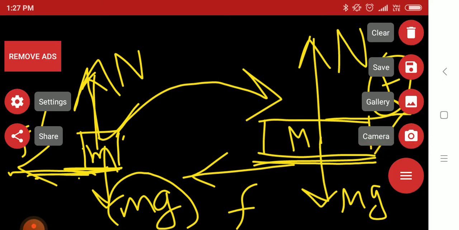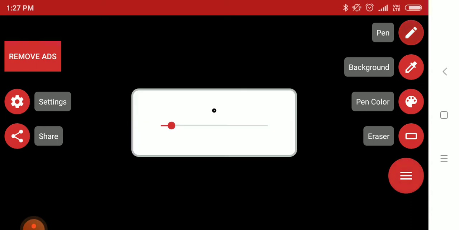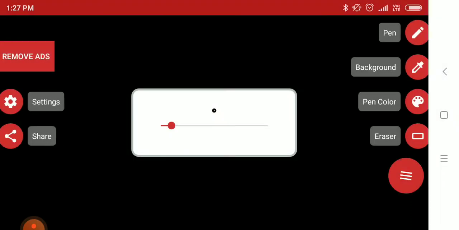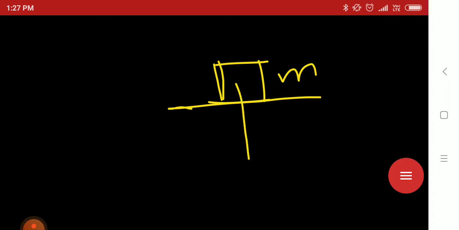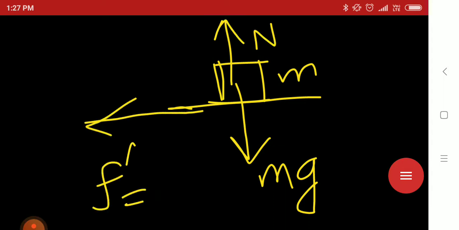And now I am writing all the parameters here. This is very important. For small mass m, mg, here N, and friction force F prime equals what?